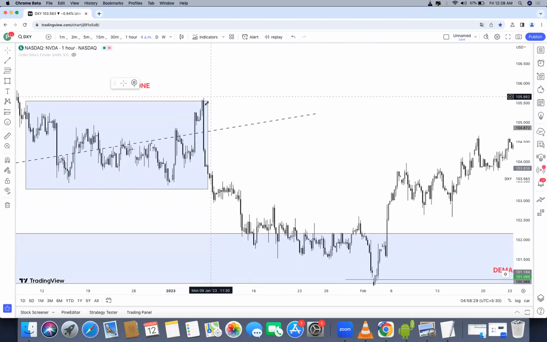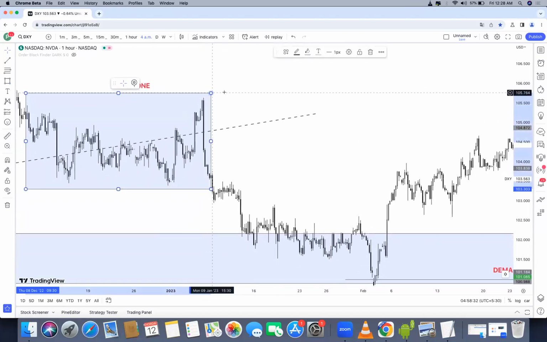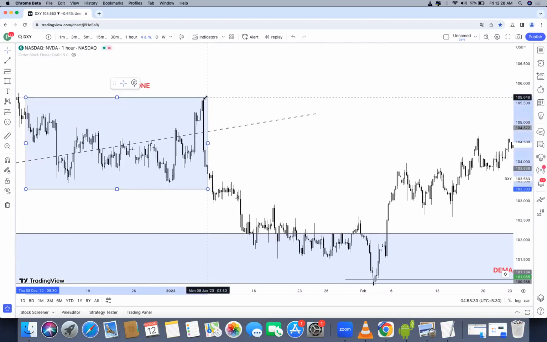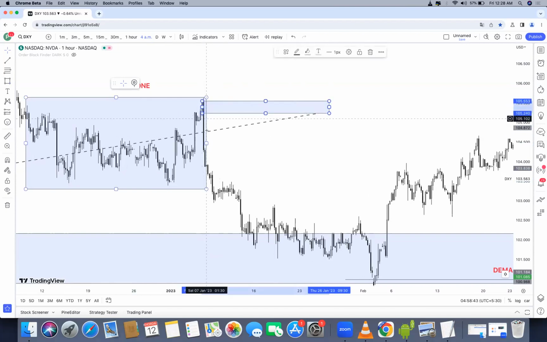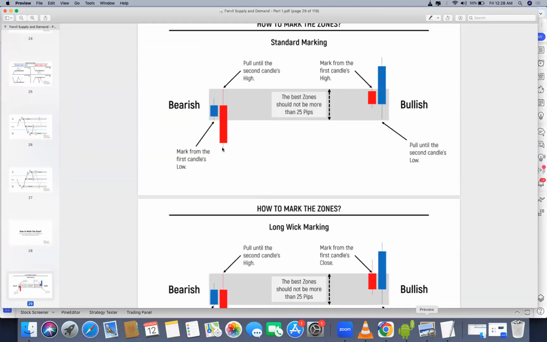So what I'm doing now is marking the supply zone, which is going to be here. Why here? Because this is the last candle before this big candle right here. So if it's going to be a bearish candle, I mean, a supply candle, you're going to mark from the first candle's low.